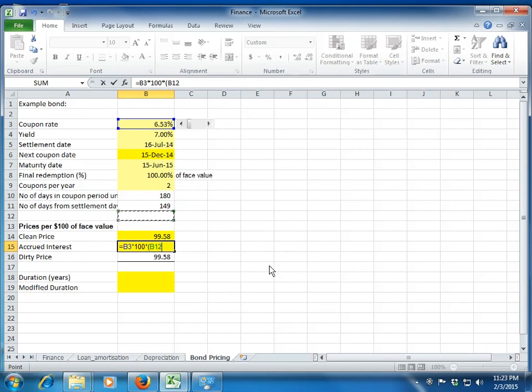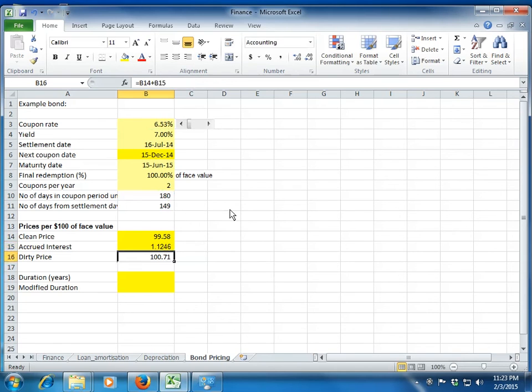So I'll have to calculate the interest for 180 minus 149 days. I divide it by 180 and this will help me calculate the accrued interest. Is it correct? I guess so. Yes. And we get the dirty price.